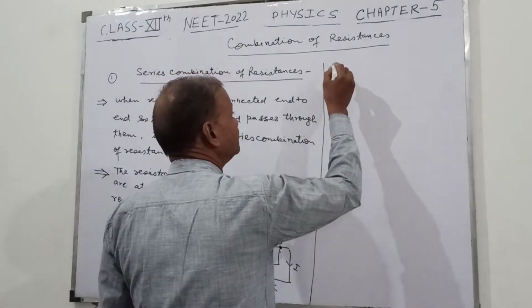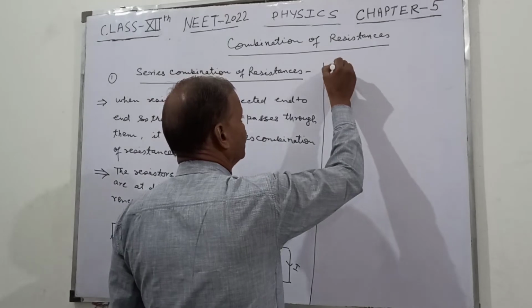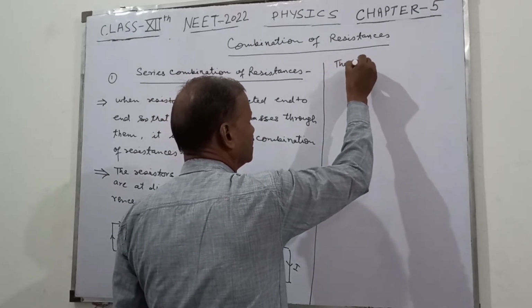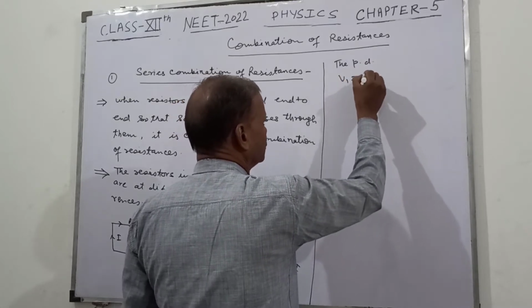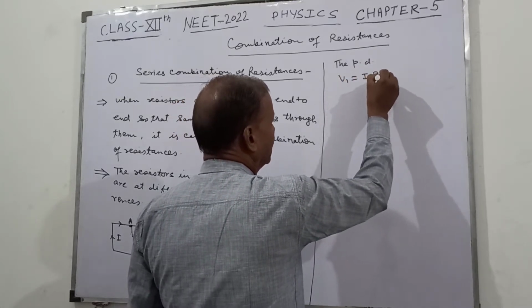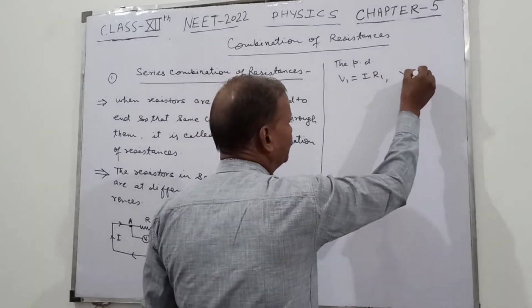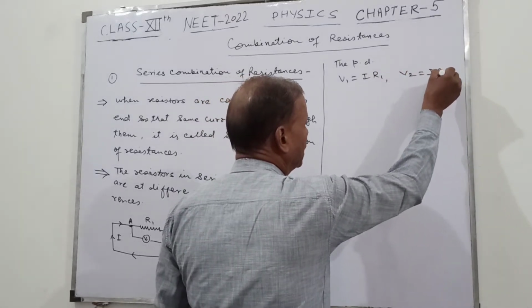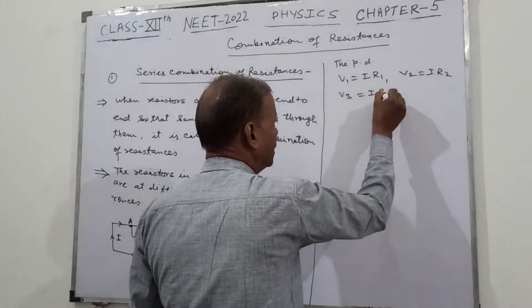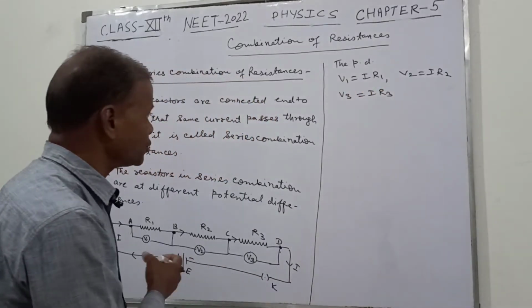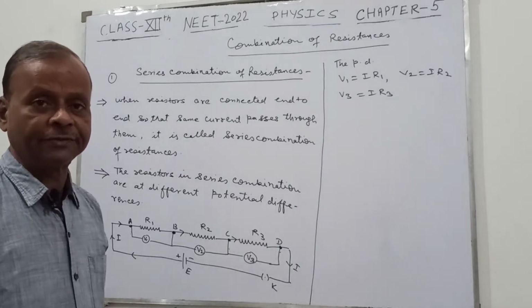So now the potential difference V1 is equal to IR1, V2 equal to IR2, and V3 equal to IR3. This combination follows the law of conservation of energy.